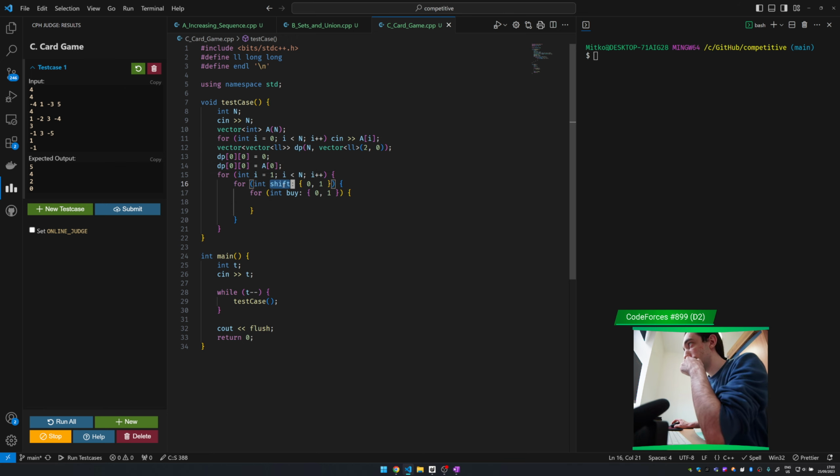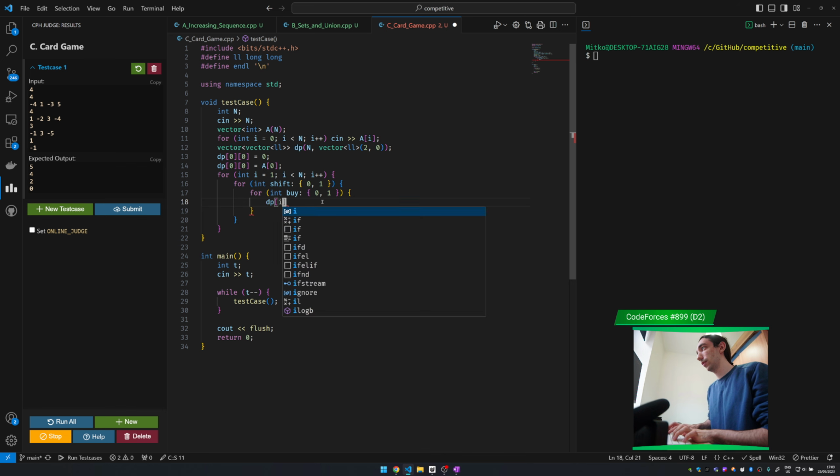Now shift, here we say that dp of I and either, okay, the dp of I minus 1 and some shift, right?